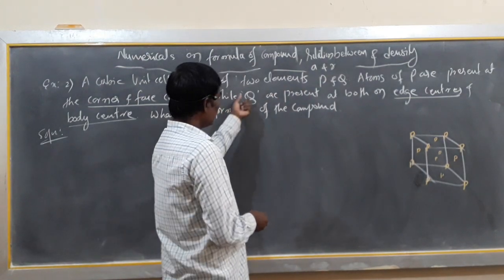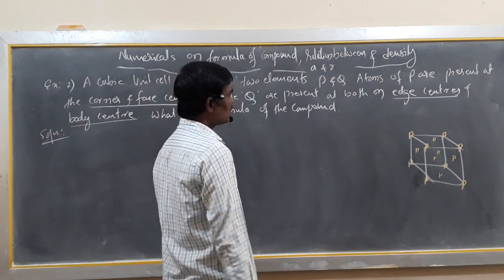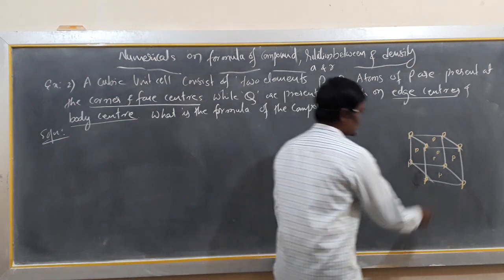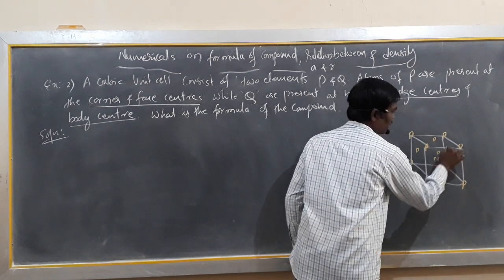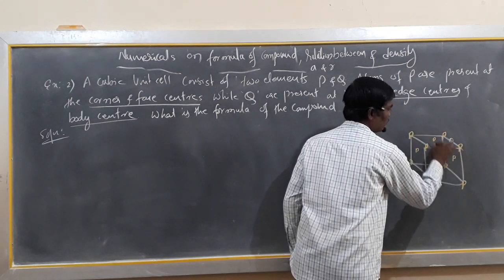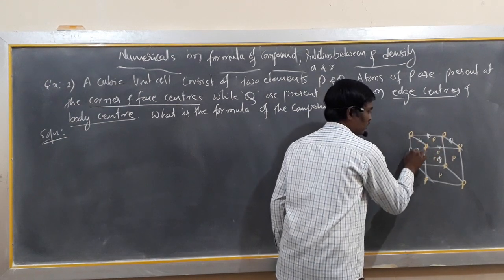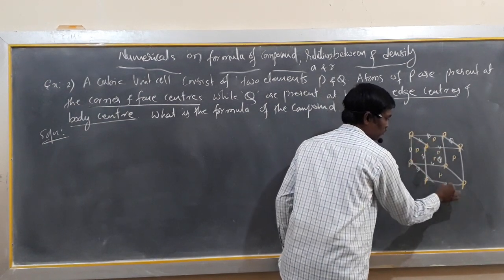And the Q particles are present on the edge centers and the body center. So at the body center there is 1 Q, and all the edge centers also contain Q particles.